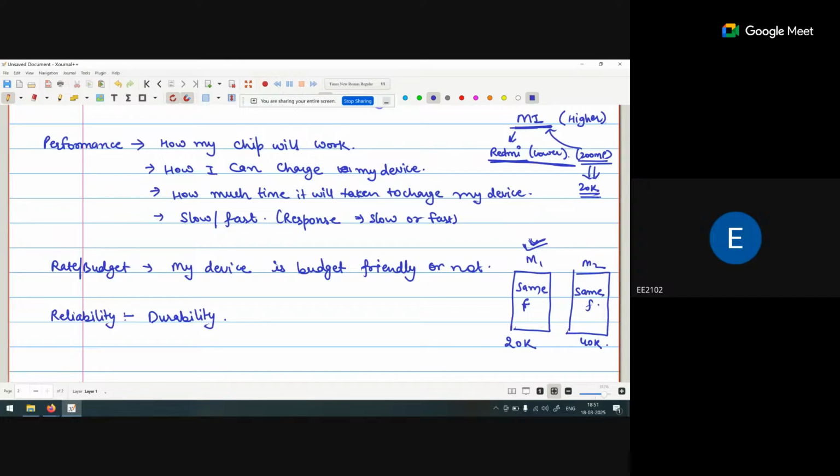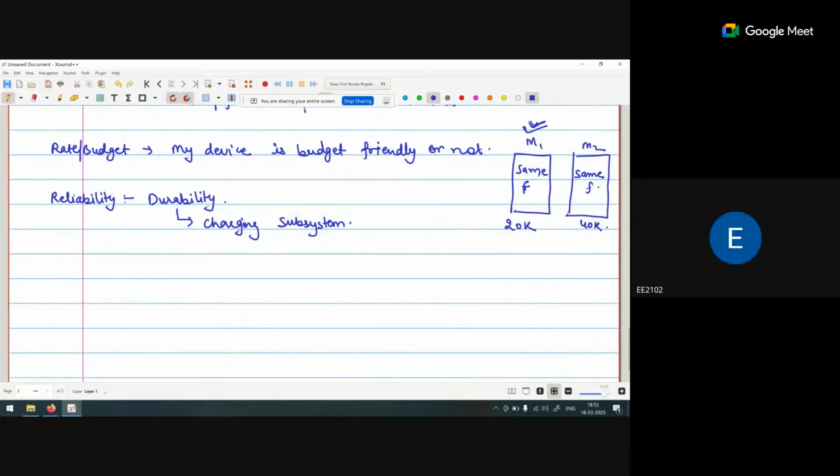Now this durability is mainly dependent on the charging part, the charging subsystem. If you design a system with 4 GB RAM and 128 GB memory, it will be maintained, whether you use it for 2 years, 4 years, or 8 years.